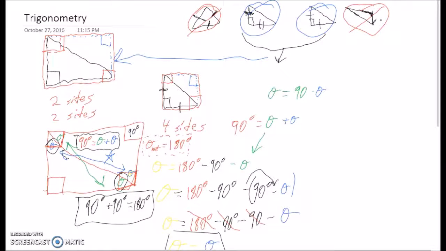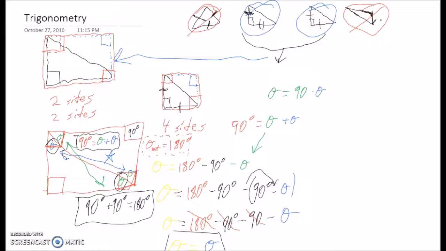There are a few triangle rules, and this is how you start looking at triangles, by breaking it up into either a square or a rectangle and sort of making 90 degrees in different places. Once you have those 90 degrees, you can start making things equal to each other. And not only that, let's look at the sides.